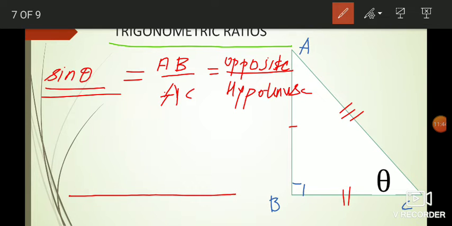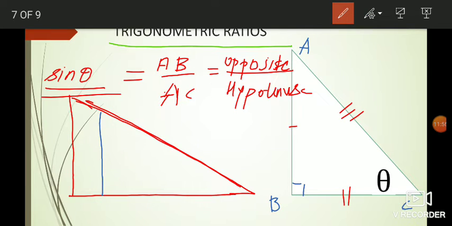So suppose, let me draw a big triangle here. Roughly it is a right angle triangle. Okay, I have drawn even two lines here, and let me name all of them.